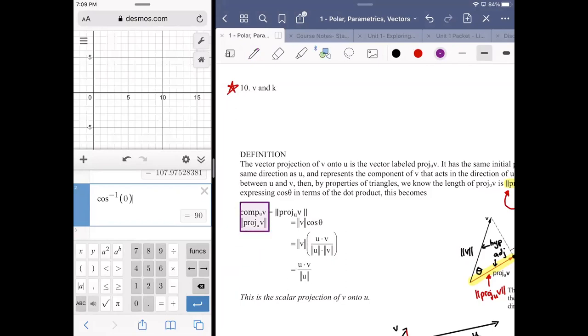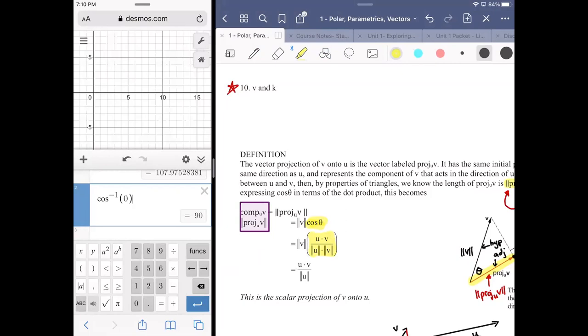They mean the same thing. Now, the projection of V upon U, we just discovered that's equivalent to the magnitude of V times the cosine of theta. And earlier, we discovered that cosine of theta, based off of that alternate definition of the dot product, is equal to this whole expression here.